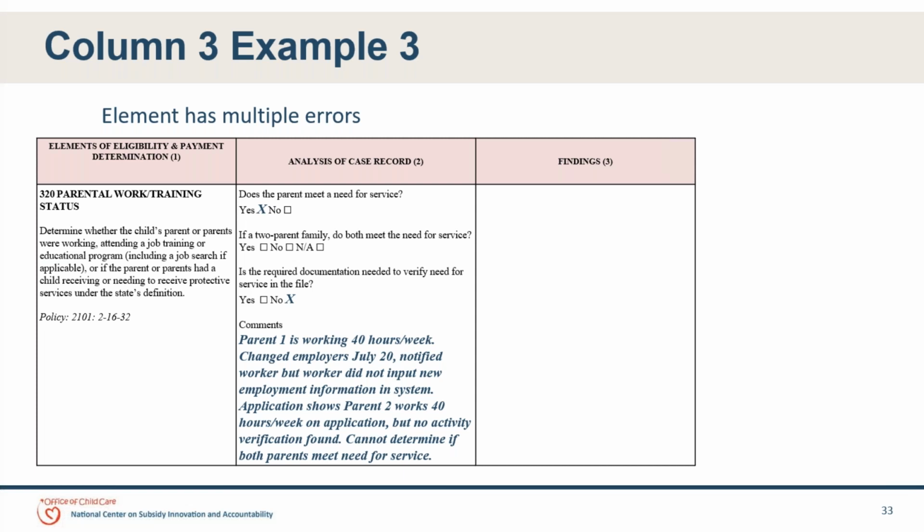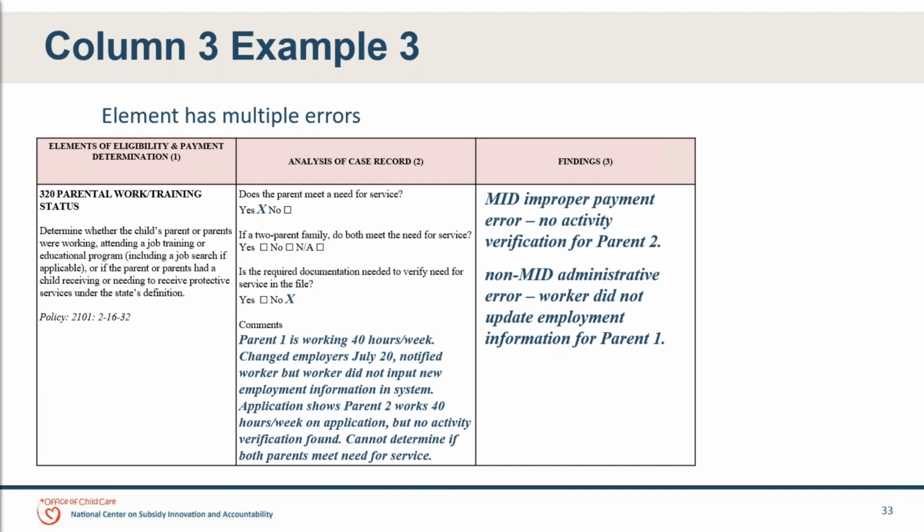So there's 2 errors going on here. The reviewer determined that, again, according to this state's policies, there's 2 errors. One is a MID improper payment error because of that lack of activity verification.